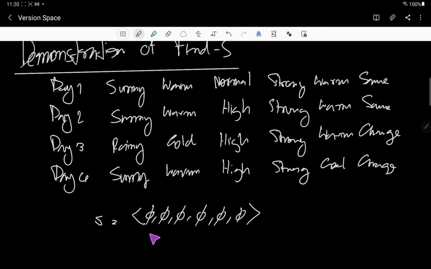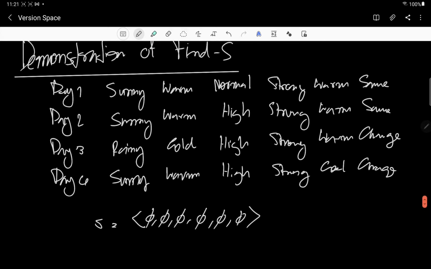We know that we have to use the positive examples, right? The positive examples are here. Can you remember? We have yes, yes, yes, and no, the negative one, right?